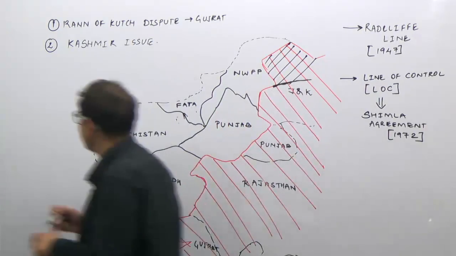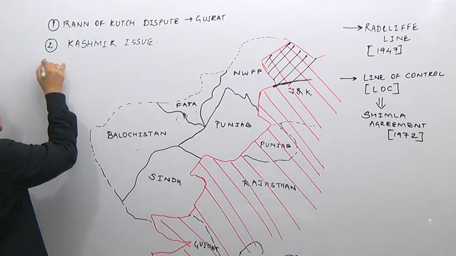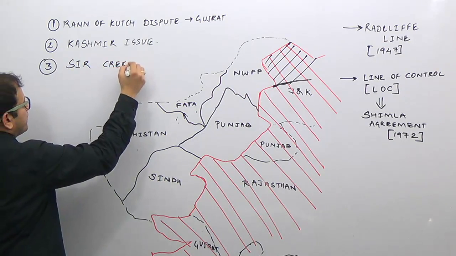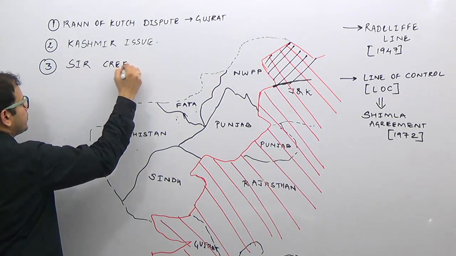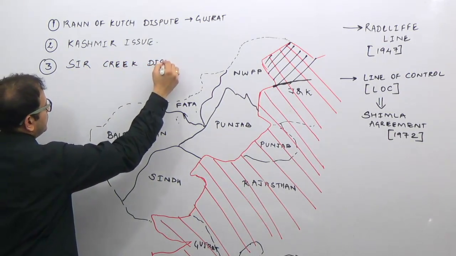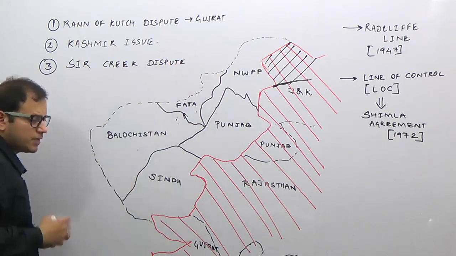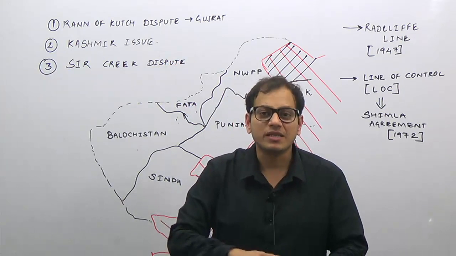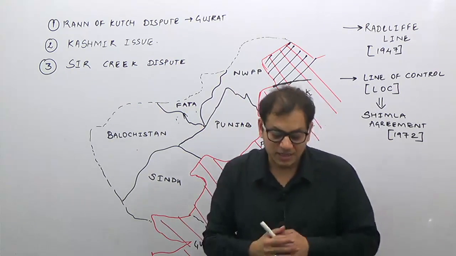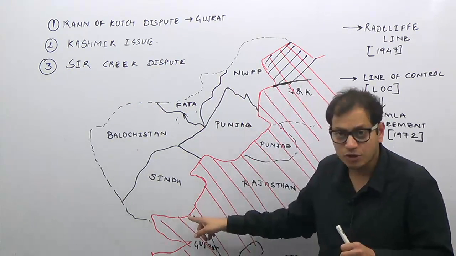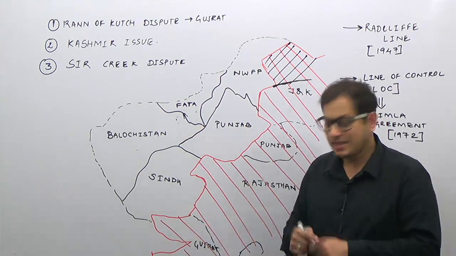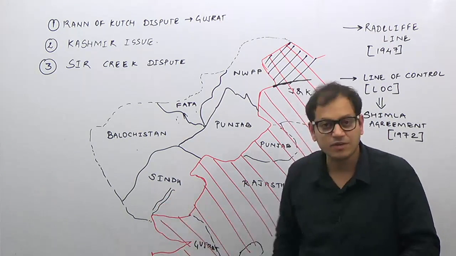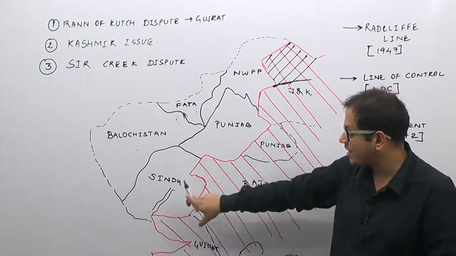Then the third dispute is the Sir Creek dispute. The third dispute is related to the Sir Creek region, which forms a boundary between the Indian state of Gujarat and the Sindh province of Pakistan.